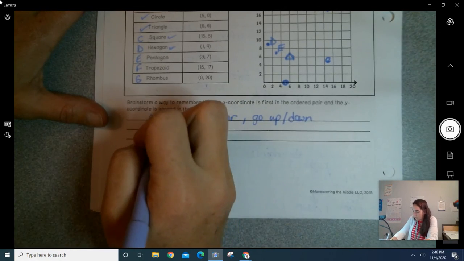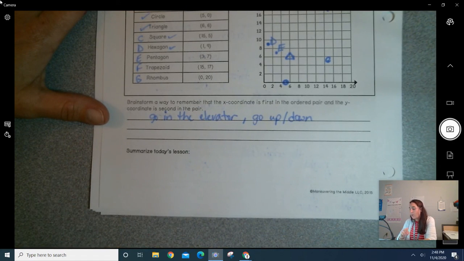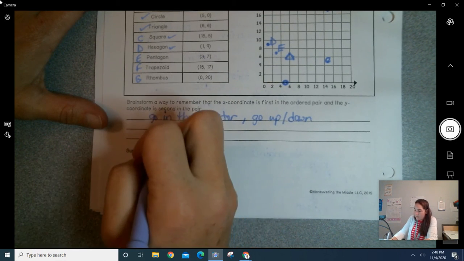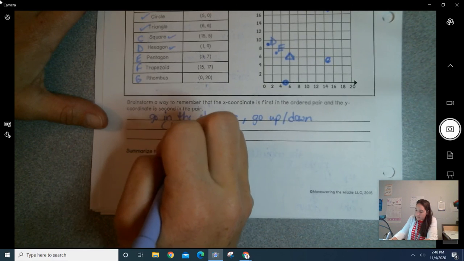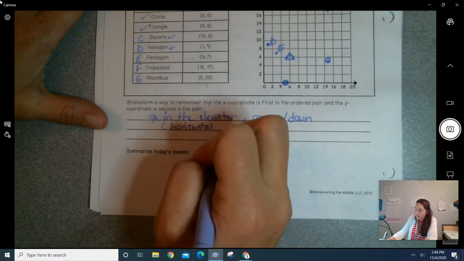First, you have to go in the elevator. So you walk horizontally into the elevator, and then you can decide if you're going to go up or down on the elevator.